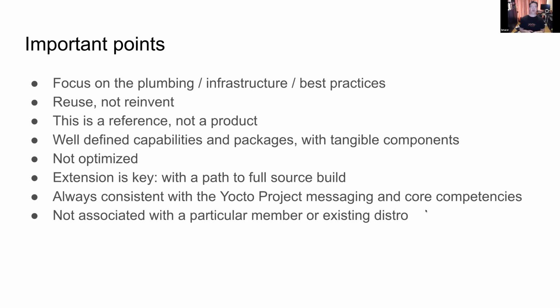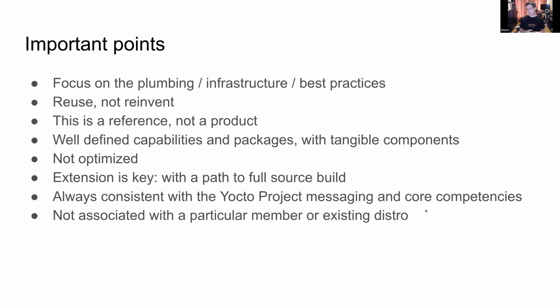So out of all that, the important thing that I emphasize is that we're focusing on the plumbing, the infrastructure, and the best practices. Most of what we need is already there, and it's all about proving it out, making it more visible, and improving the documentation around most of the plumbing.